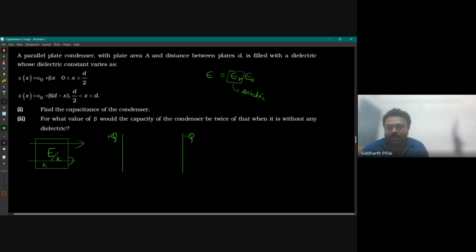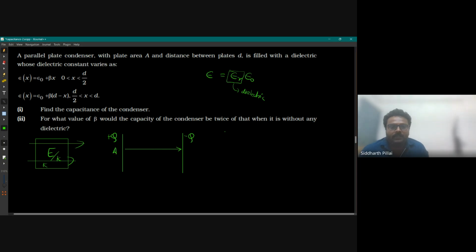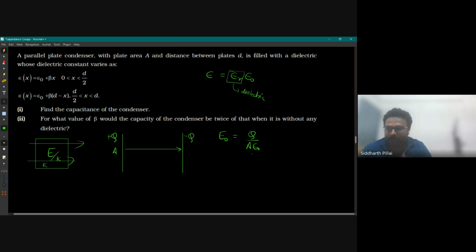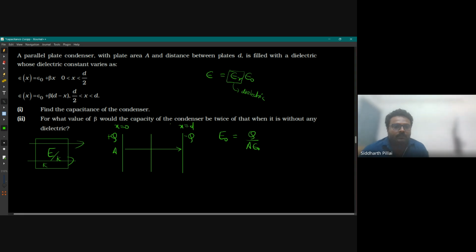That means there is some charge on the plates of the capacitor, so there will be some field. Let's say the plate area is A. So I'll get the initial field, let's call it E naught, equal to Q by A epsilon naught, right? Sigma by epsilon naught. Now, this is x equals 0, this is x equals D, and this is x equals D by 2.